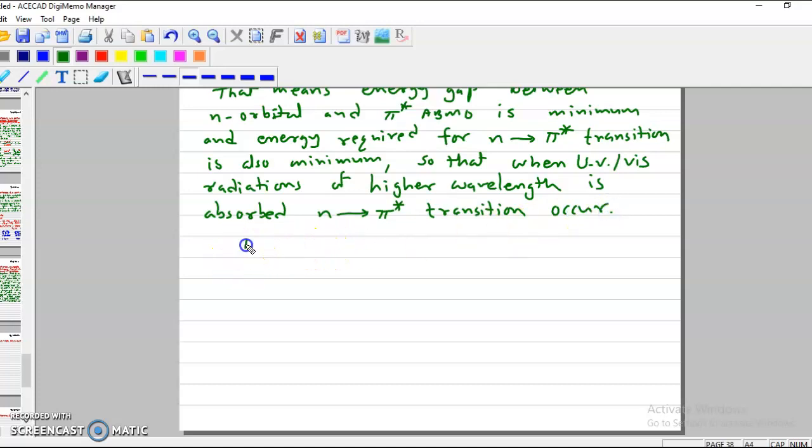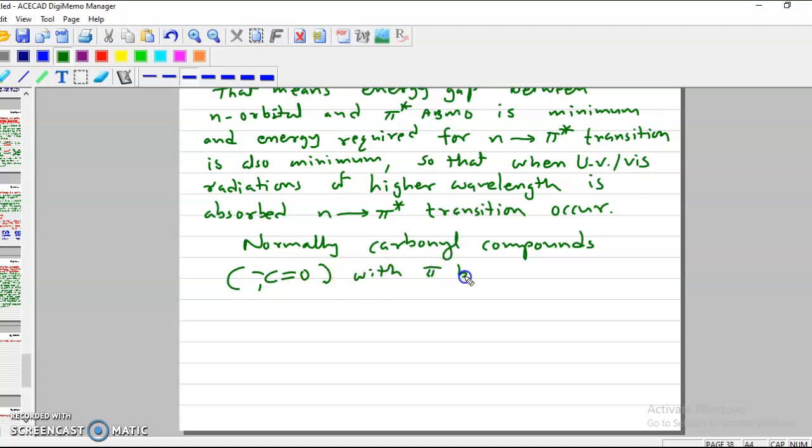Okay. Normally, carbonyl compounds, that is C double bond O, with a pi bond, that is C double bond C in conjugation, show n to pi star transition.